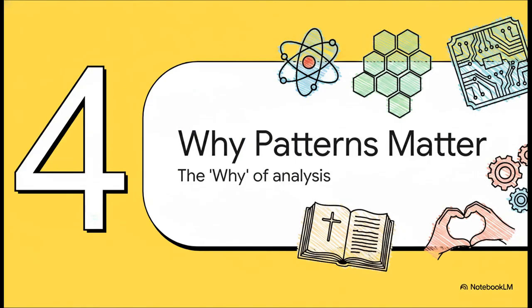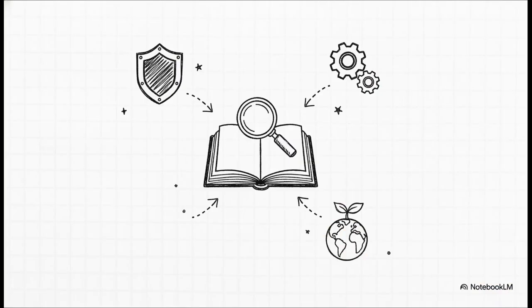Section 4. Why atomic patterns matter. The why of scientific analysis. Spotting these trends transforms scattered, random facts into incredibly usable knowledge. Let's break down why this matters. First, looking at data yourself builds real confidence. It completely beats just guessing. Second, it ensures your safety by helping you avoid dangerous assumptions about chemicals.